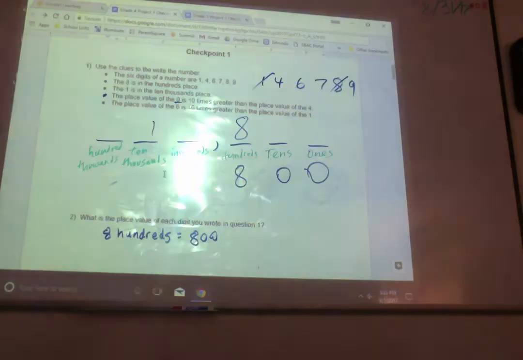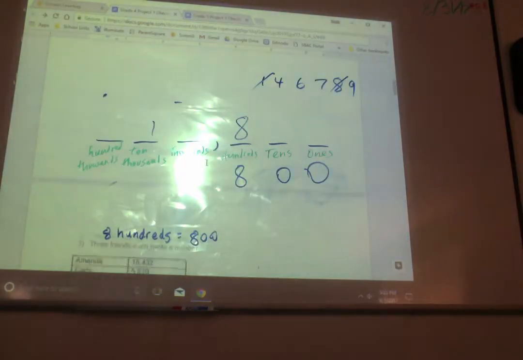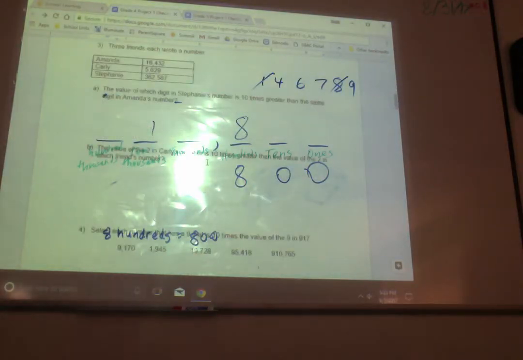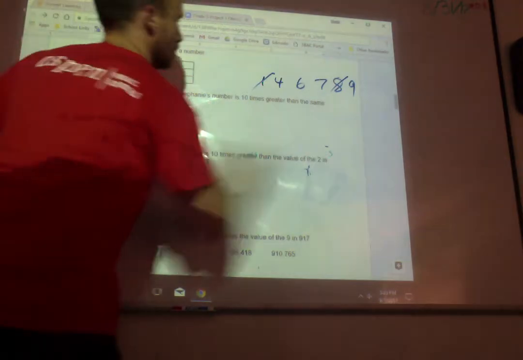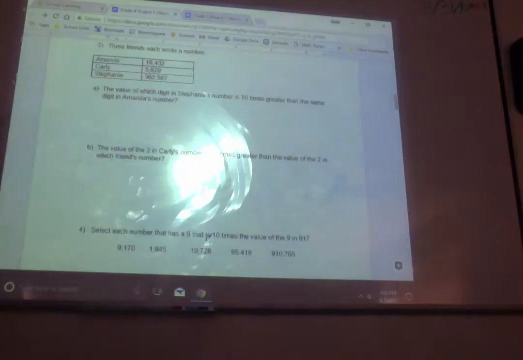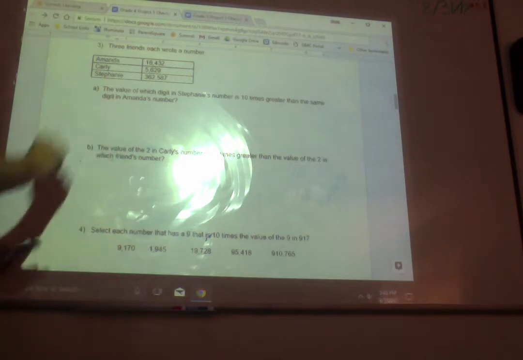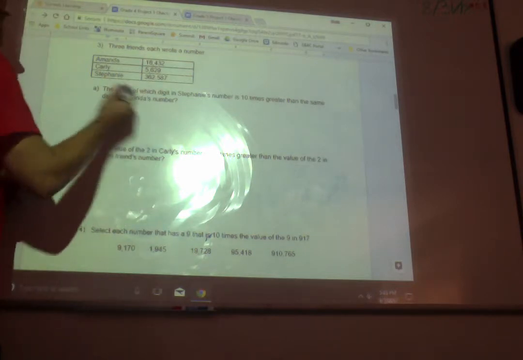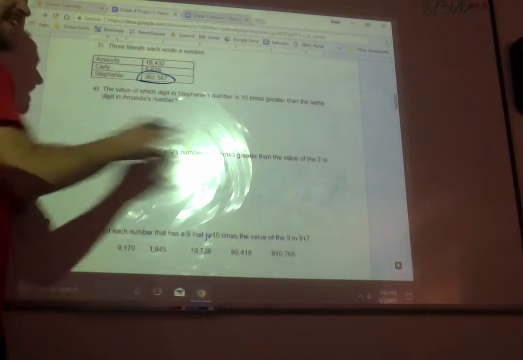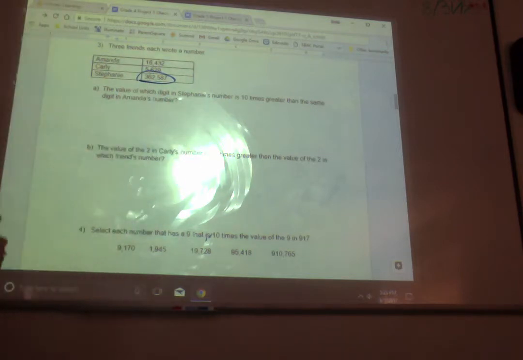Take a look at the next question. Three friends wrote a number. The value of which digit in Stephanie's number is 10 times greater than the same digit in Amanda's number?